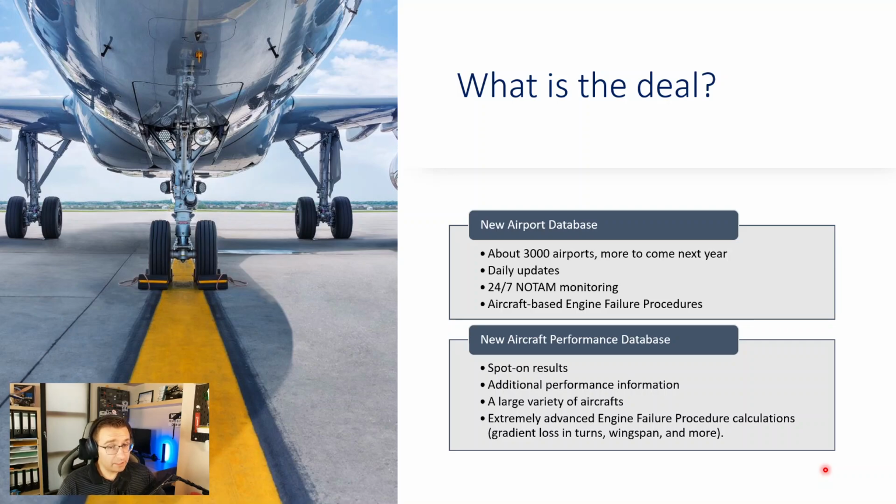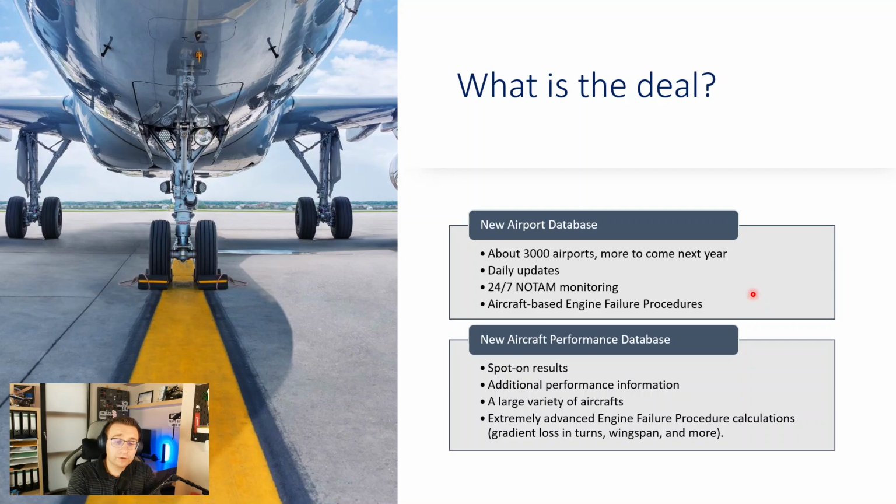It features daily updates and 24/7 NOTAM monitoring. We're going to go in depth in the next slides. Also very important, the new airport database will come as an aircraft-based airport database. So each aircraft will have its own list of airports and its own list of engine failure procedures.